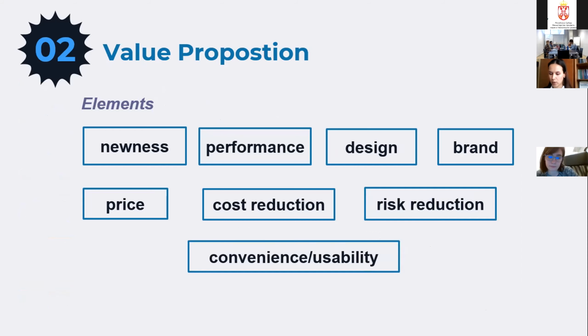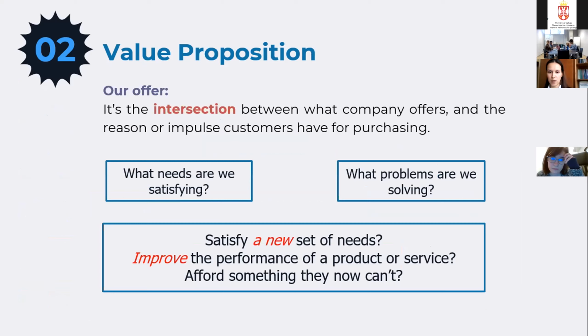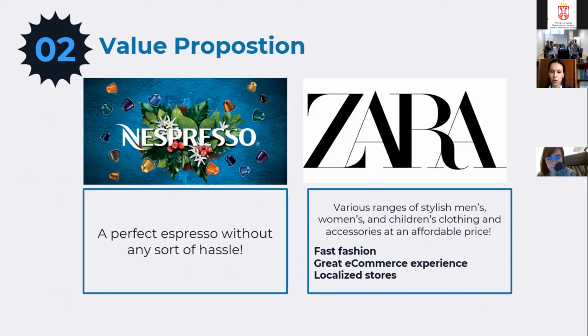And now, during this first part of my presentation, I presented to you the business model and the business model canvas as the first visual business tool for developing new business models, but also for analyzing existing business models.